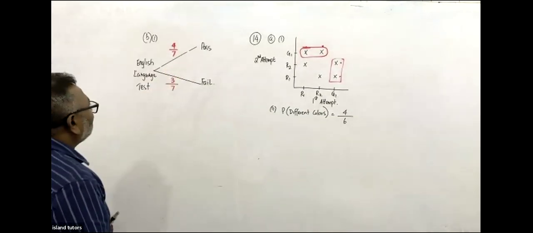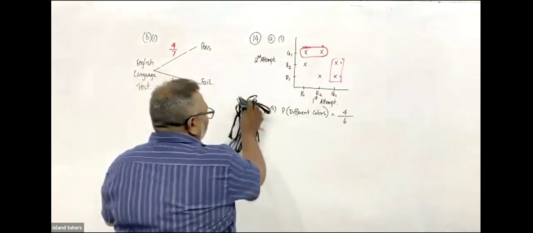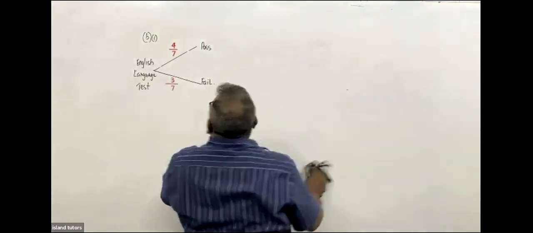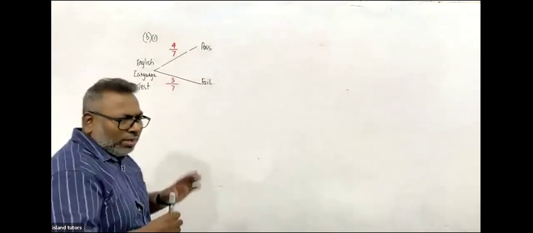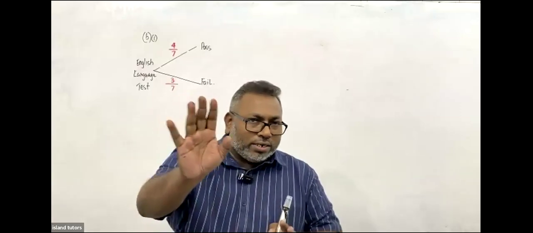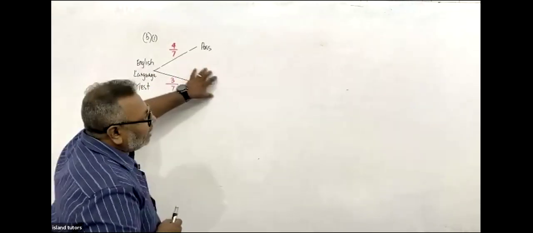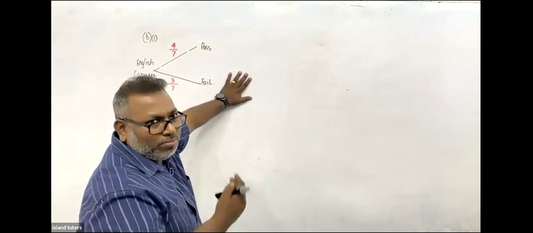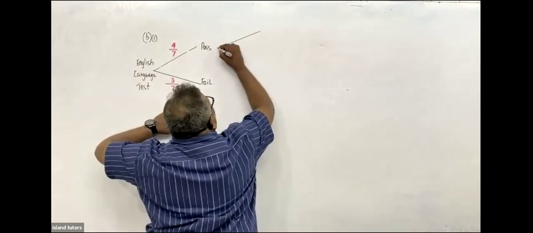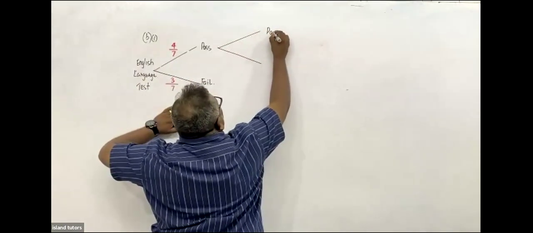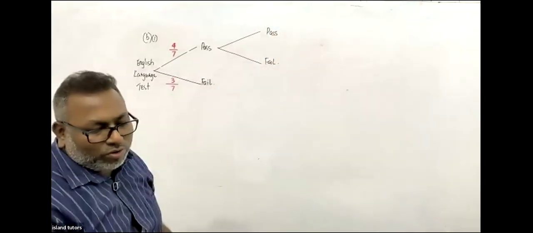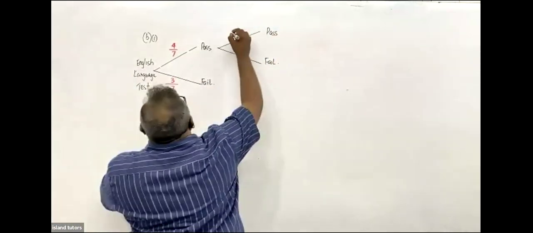So what I'm going to do is I will erase this side of it. Right? So just remember, only if you pass, you're going to go to the interview. So that means if you fail, then there is nothing over here because you're out. Right? So you only have to extend this side. Pass, fail. And what is this heading? You can say it as interview.